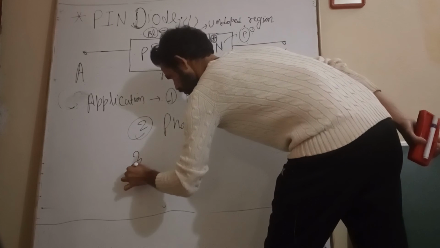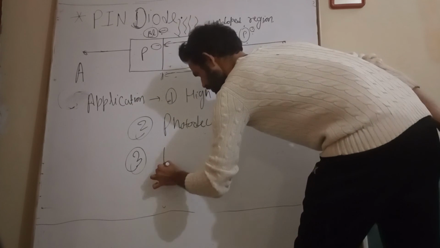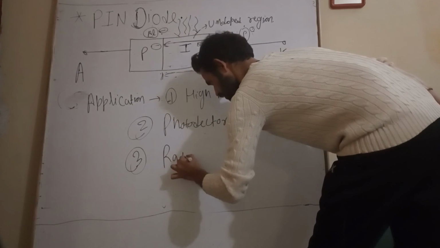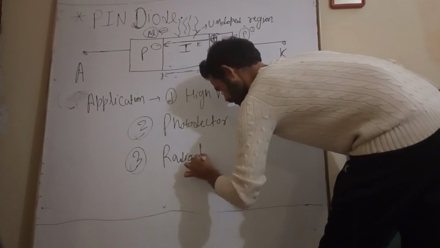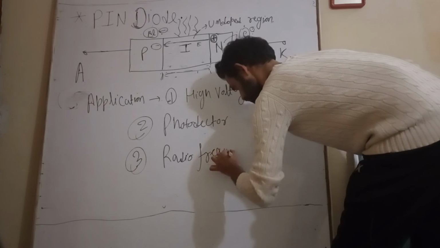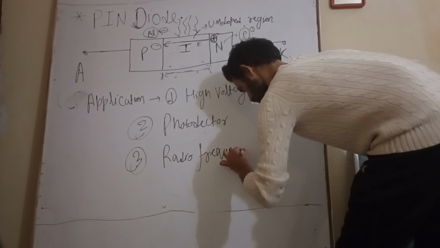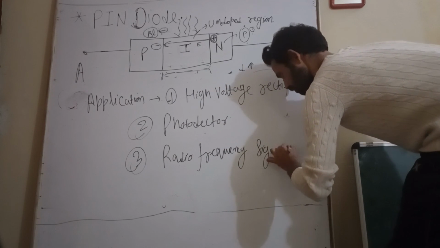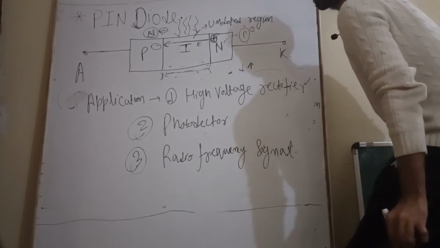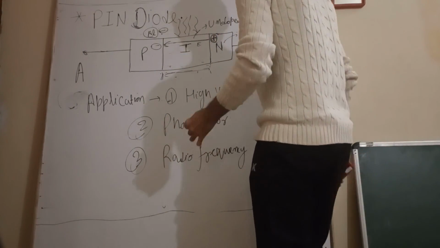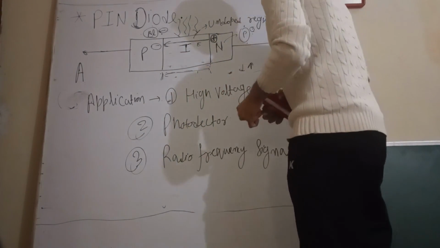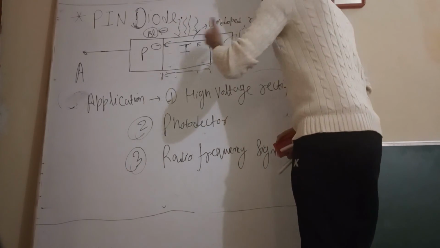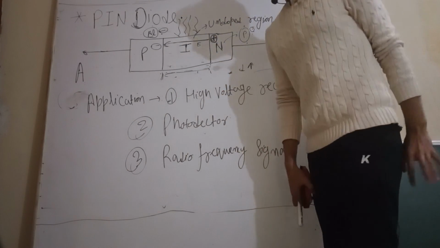And third, it is used for radio frequency signals, high frequency signals, and high speed switching. So these are some applications that we found in the case of PIN diodes.